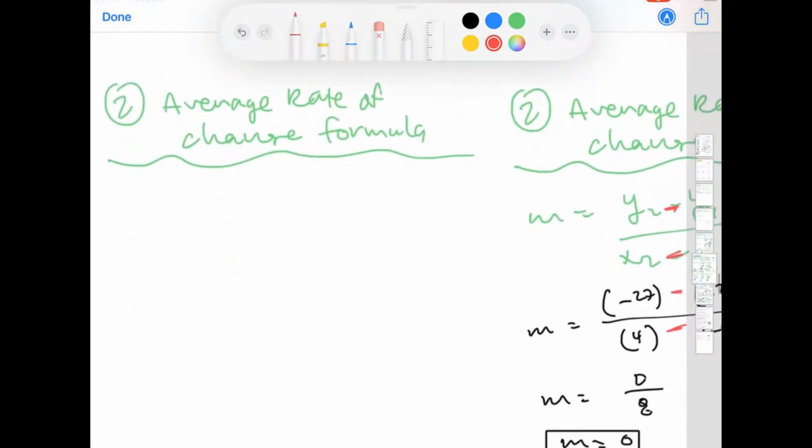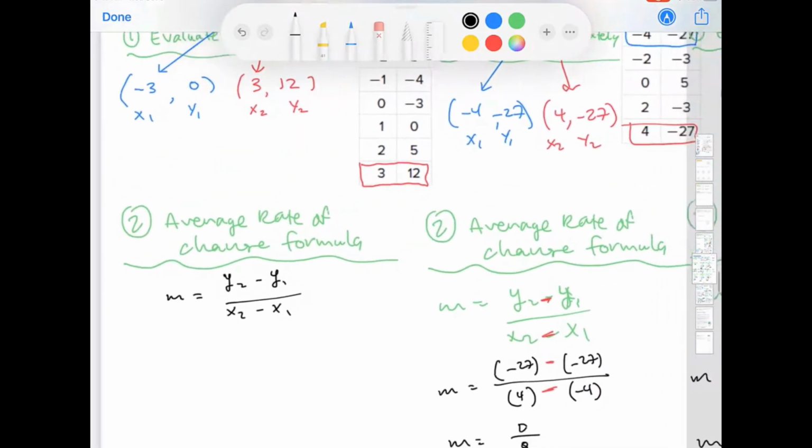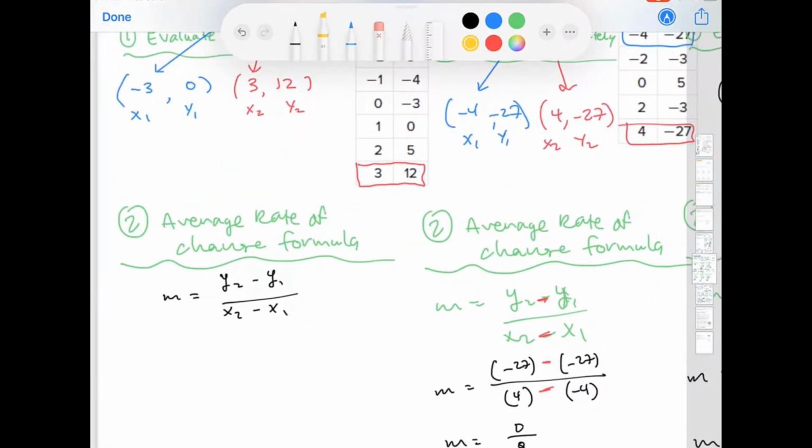And so now we're going to do the second part of the average rate of change formula. Always, always, always write down your formula. M equals y2 minus y1 over x2 minus x1. What's hard for students is the formula has a minus sign. So let's go ahead and substitute these in. x1 is negative 3.